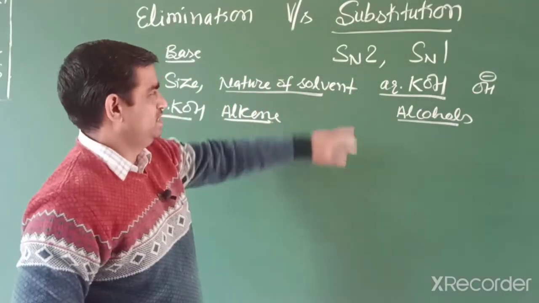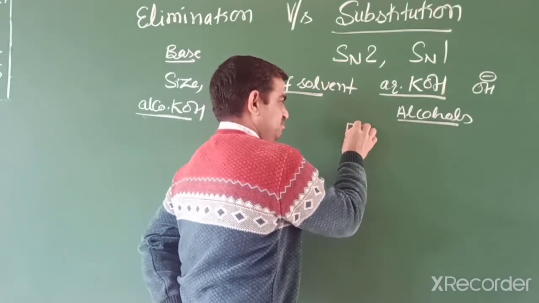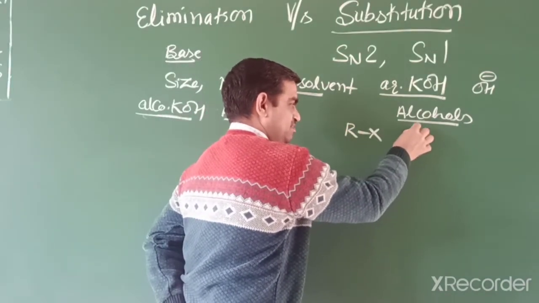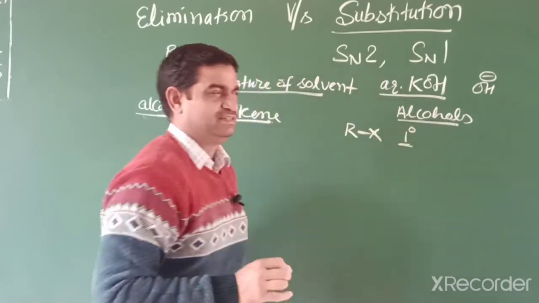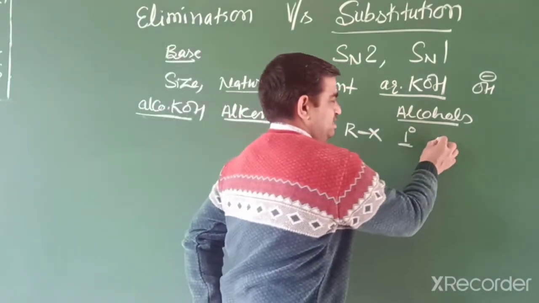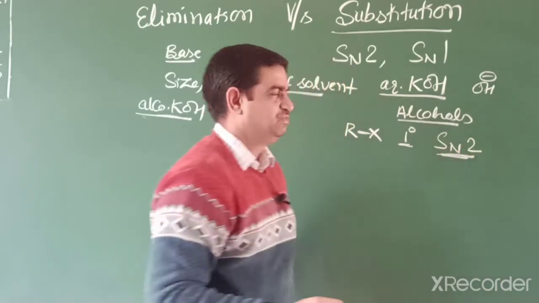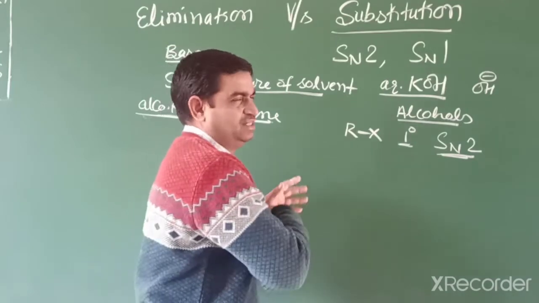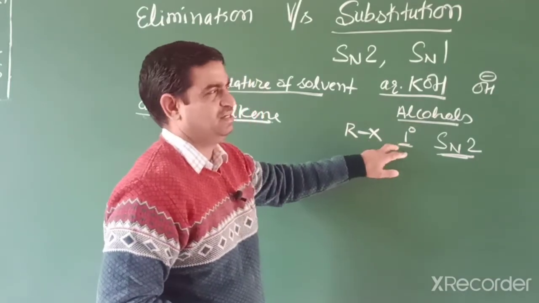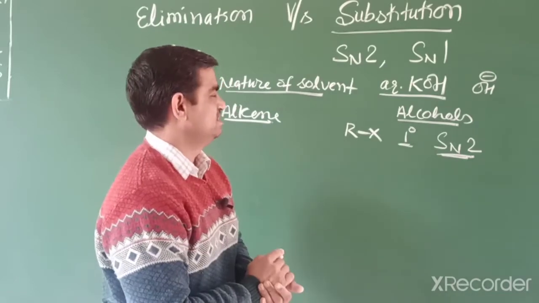Another parameter is the nature of the alkyl halide. If RX is a 1 degree halide, a primary halide or methyl halide, then the reaction occurs according to the SN2 mechanism. Why? The nucleophile attacks from the backside and inverts the product. A primary halide has less steric hindrance, so it can easily be attacked from the backside.